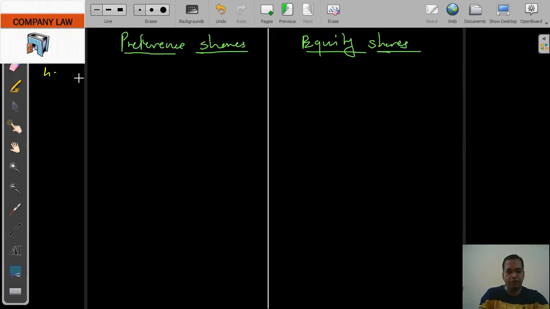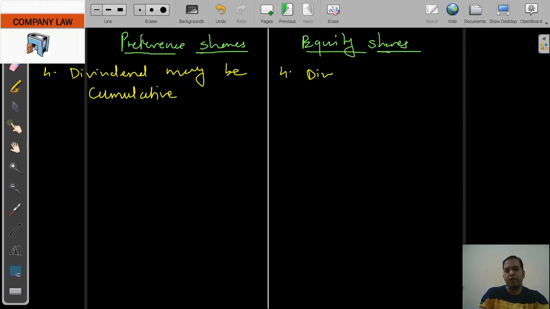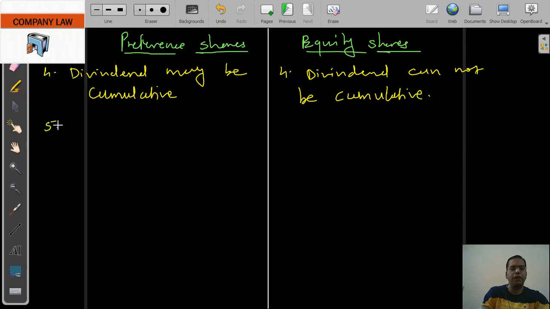So the 4th point of difference: dividend may be cumulative, and dividend over here cannot be cumulative.